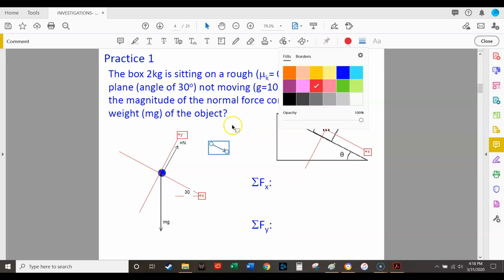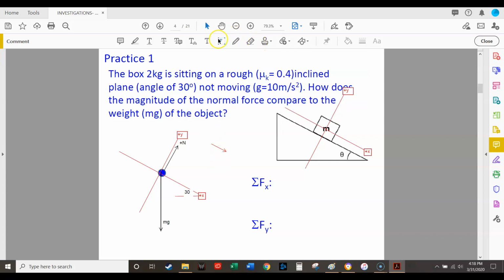And since it's not moving, if it were moving, it would be sliding down the plane because there's no other forces working on it other than the normal force, mg, and friction.